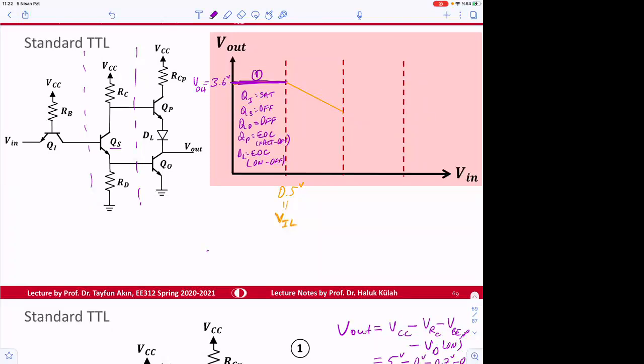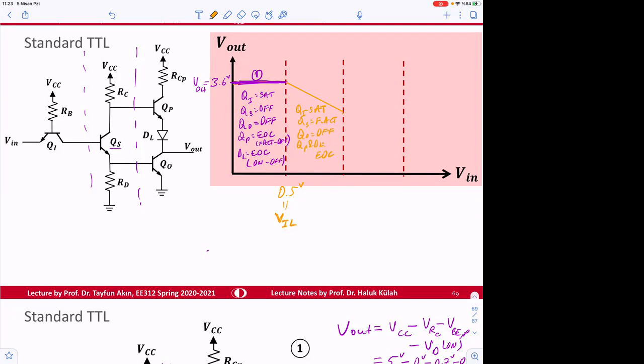For this second region, the transistor QI is still SAT, QS is forward active, QO is off, and QP and DL are at edge of conduction.